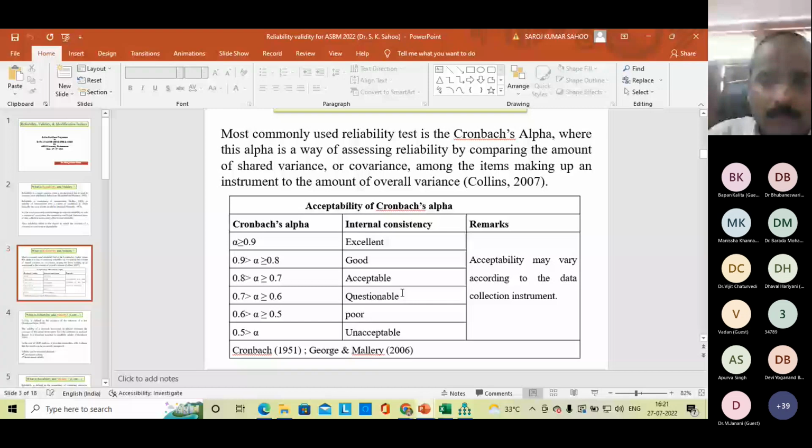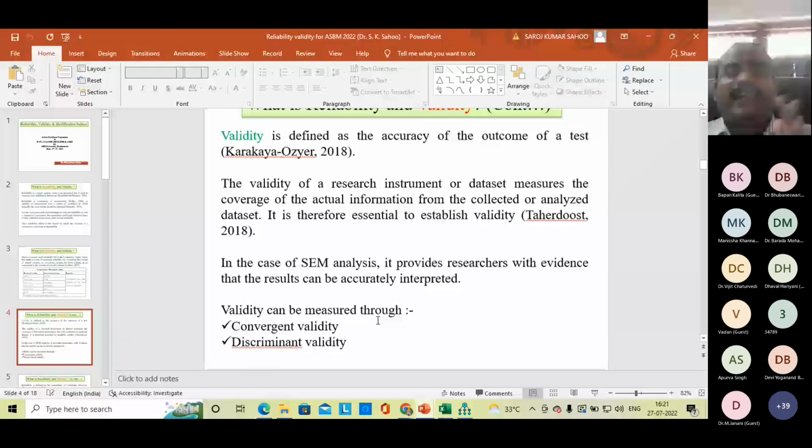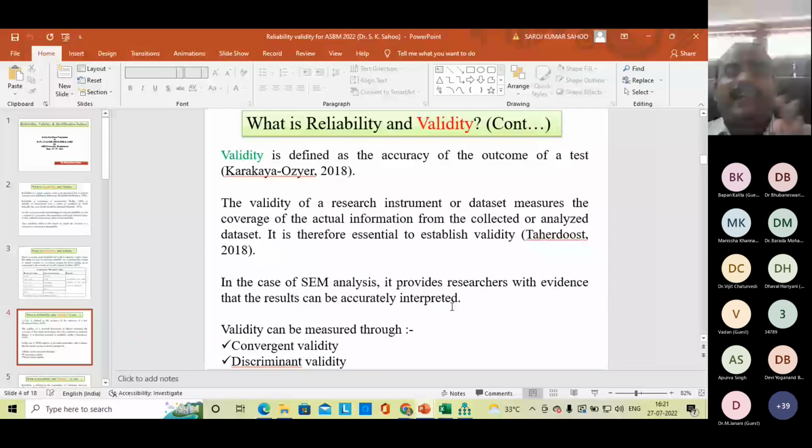Now coming to validity. This is construct validity. What validity is saying is the accuracy of the outcome of a test. How far can we say the test is giving an accurate outcome?